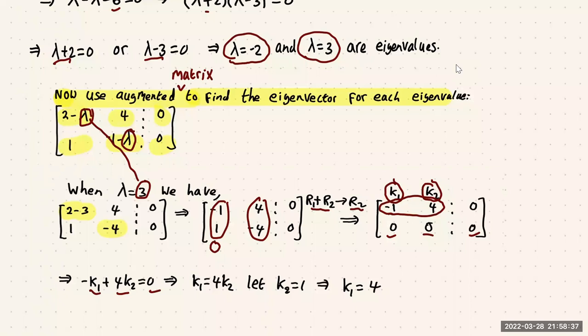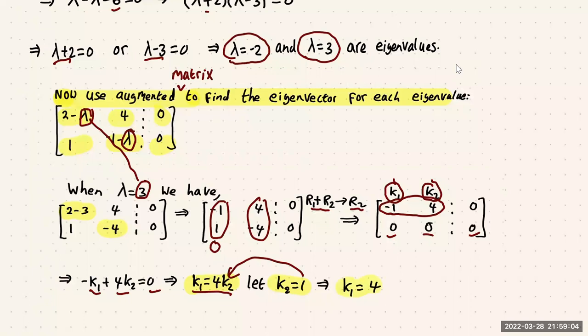And then solving for K1 here, we'll have K1 equals 4K2. And K2 is free here, so it can be anything at all. So let's choose it to be 1. So putting 1 in place of K2 here, we'll have K1 is 4. And that would be our eigenvector.